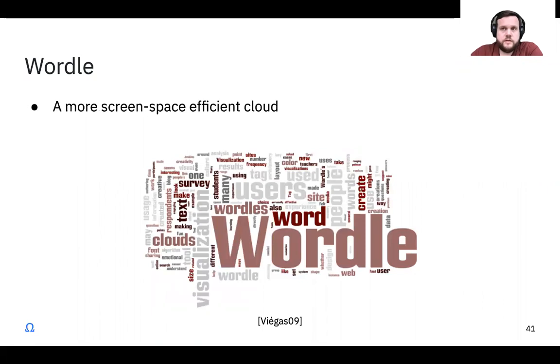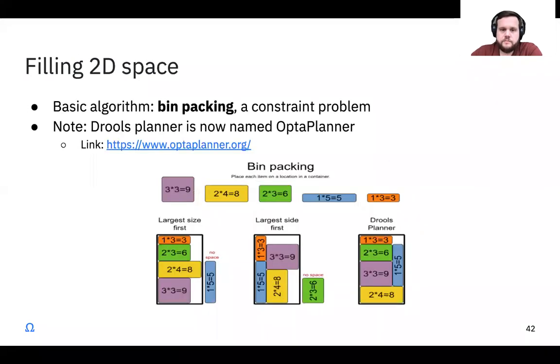The most common technique for doing word clouds or tag clouds is called Wordle. It's used to this very day. It's basically a more screen space efficient cloud. It's very related to the scheduling task of bin packing, which is a constraint satisfaction problem.